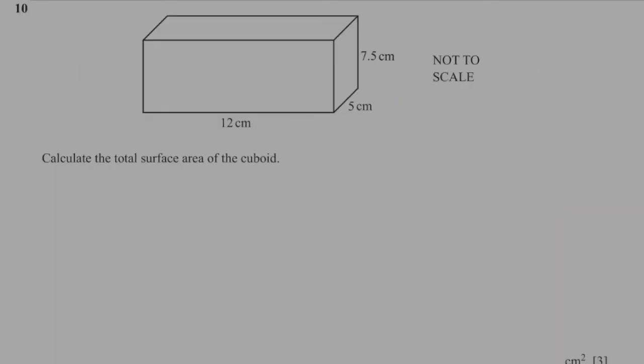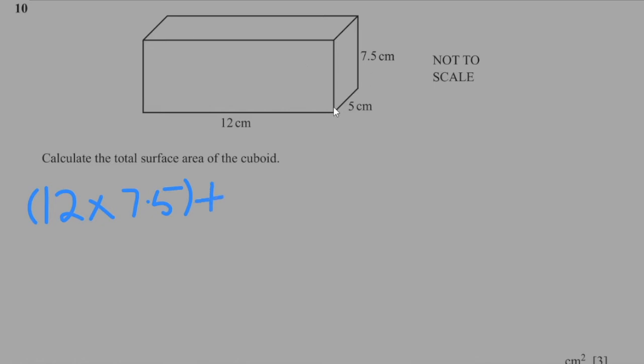Then calculate the total surface area of the cuboid. Right, so this cuboid has 6 faces, that is to say 3 sets of 2 identical faces, and that means for each rectangle we'll have to multiply the area of each rectangle by 2, since there are 2 of each rectangle in this figure. So first we'll start with 12 into 7.5 over here. This is the length and this is the height of this rectangle which I'm starting with.